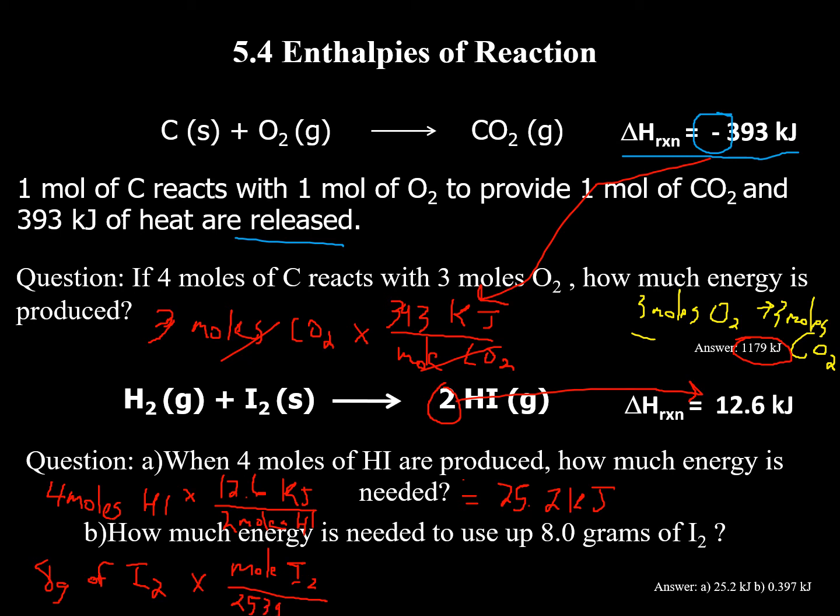Where am I getting this 253 from? That is from the periodic table. So you can say 254 grams of I2. We then multiply by 12.6, which is given to us in the equation, kilojoules, for every mole of I2.